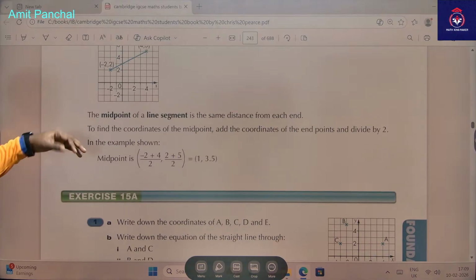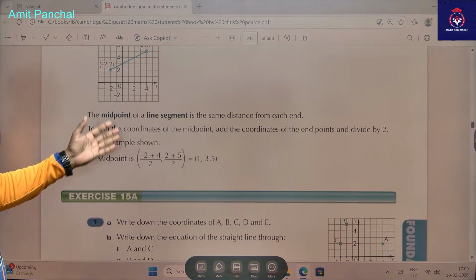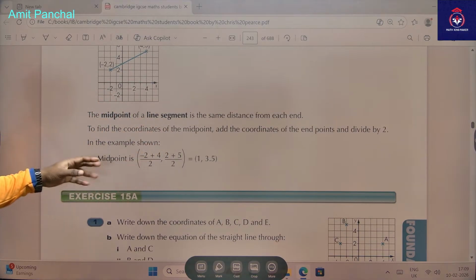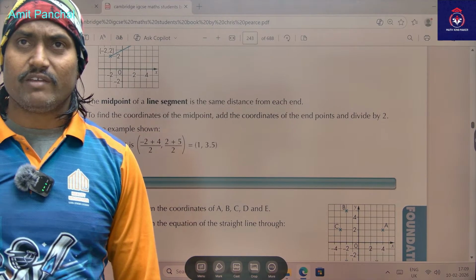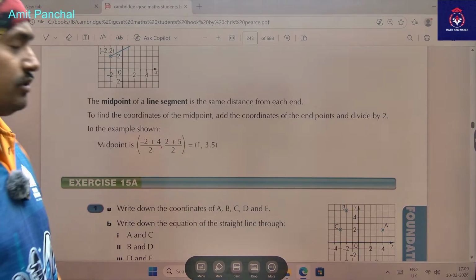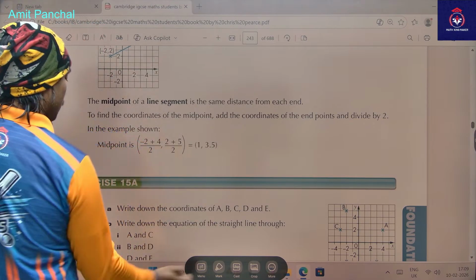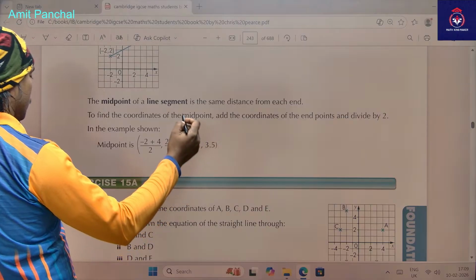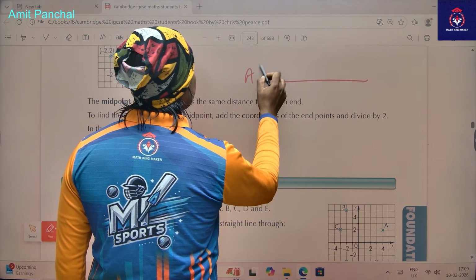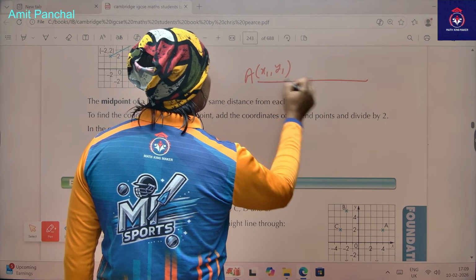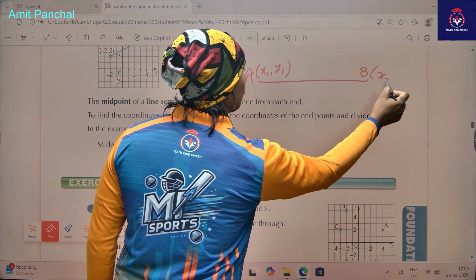And the midpoint, you might have already studied about it. Midpoint and line segment. What's the formula for midpoint? Midpoint is x1 plus x2 divided by 2 and y1 plus y2 divided by 2. If you have 2 points, like here it is a point x1 y1, let us say this is b, point x2 y2.